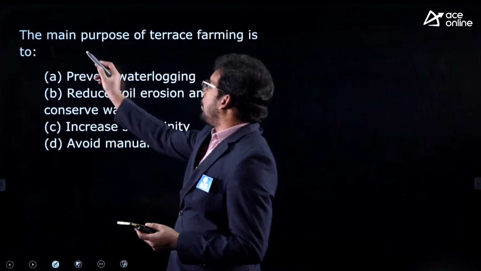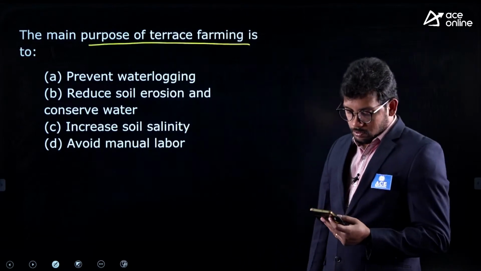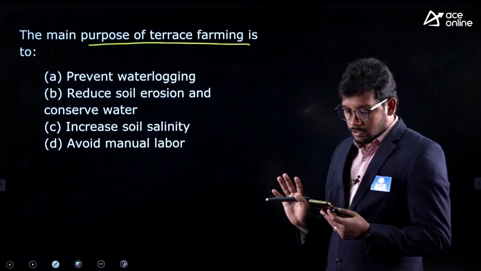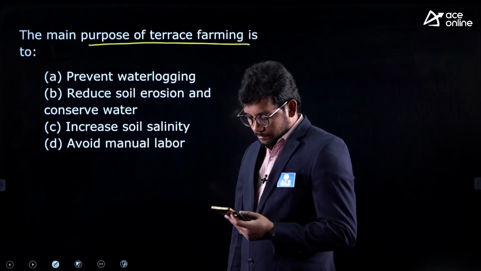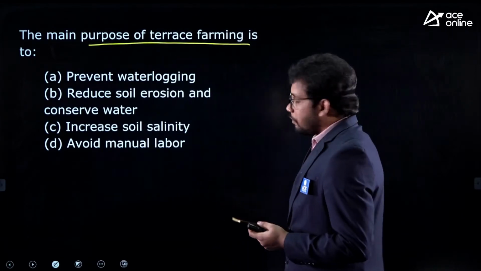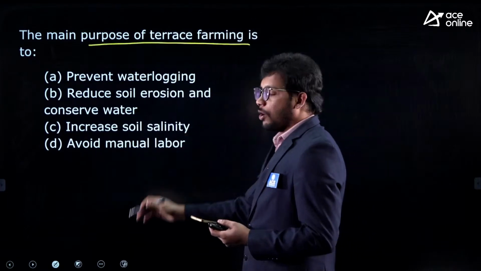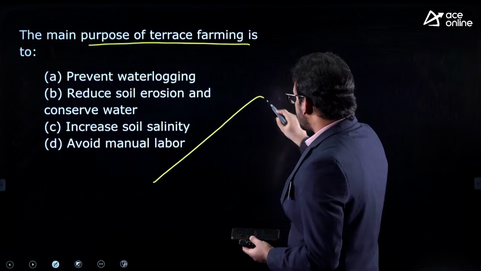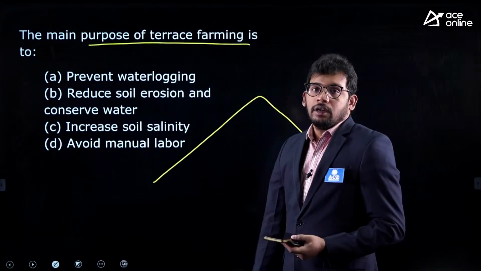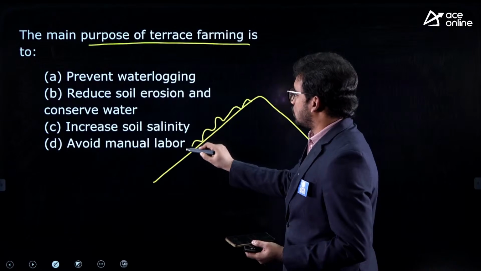Next one, the main purpose of terrace farming is to. Why do we take up terrace farming? First, you have to understand what terrace farming actually is before you choose the options. Terrace farming means growing crops in the hilly region in a step-like structure.